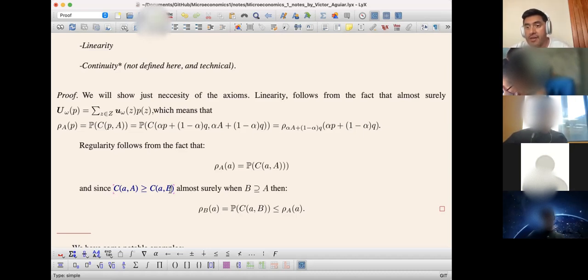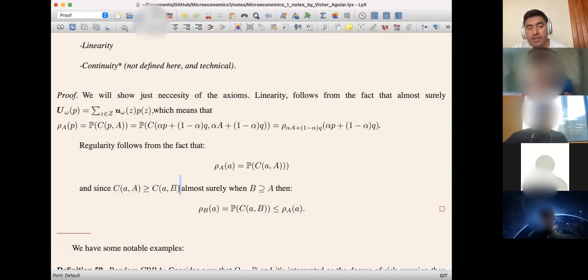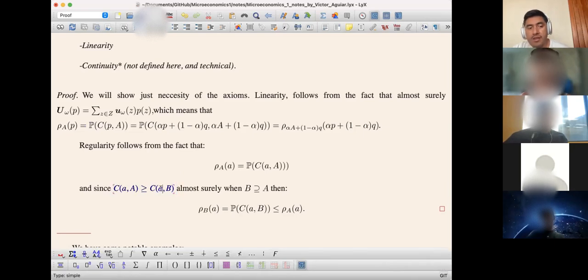Since B is bigger, if this is 1, A can still be the max, in which case this is 1 and this is 1. Or this can be 1 and this can be 0. Or in the case this is 0, this will be 0 for sure. So in other words, this event, which is either 1 or 0, will always be above the second event, just because capital B has more alternatives in it.